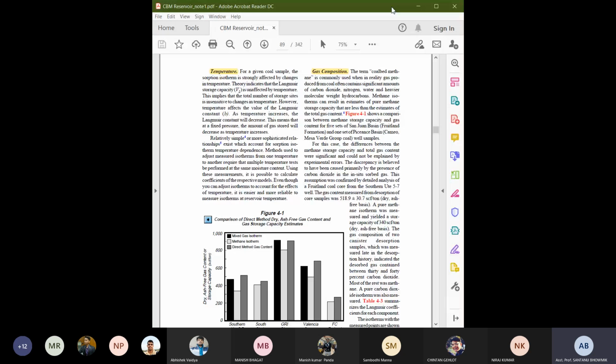This will give you the individual gas component for all these gases upon production. And you have to know the gas composition, because depending on the individual gases present and their concentration in a gas mixture, the gas storage capacity is going to vary.